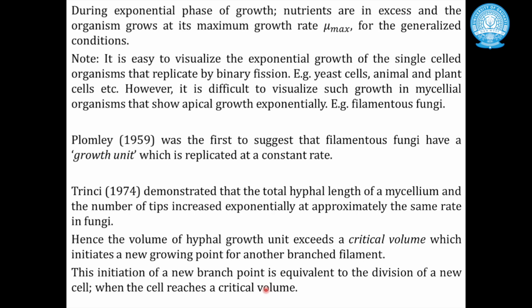During exponential phase of growth, nutrients are in excess and the organism grows at its maximum growth rate, mu max, for the generalized conditions. It is very easy to visualize the exponential growth of single-celled organisms that replicate by binary fission, for example yeast cells, animal and plant cells. But it is very difficult to visualize growth of mycelial organisms, which show apical growth exponentially.